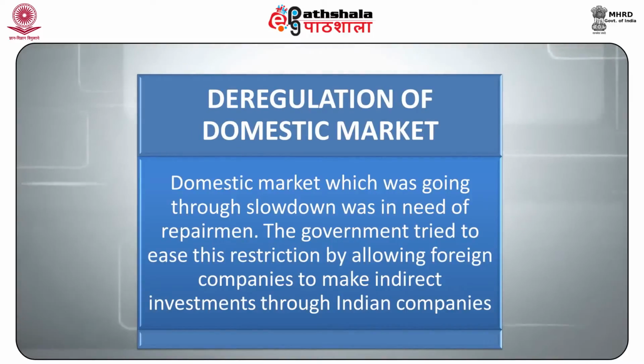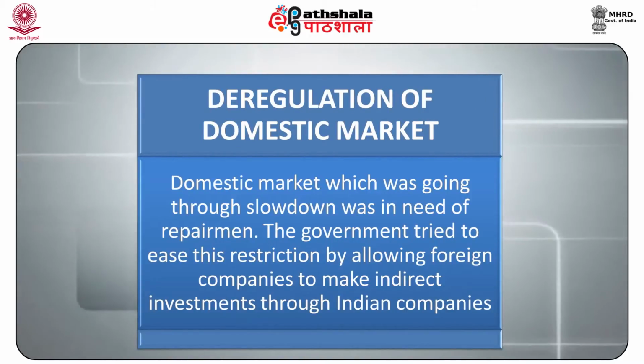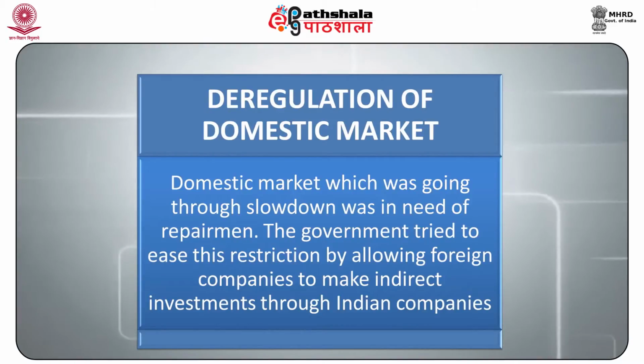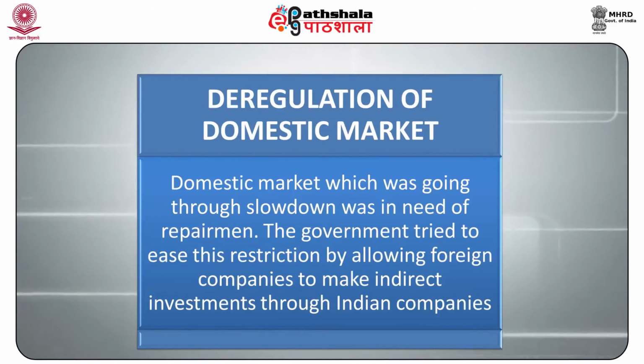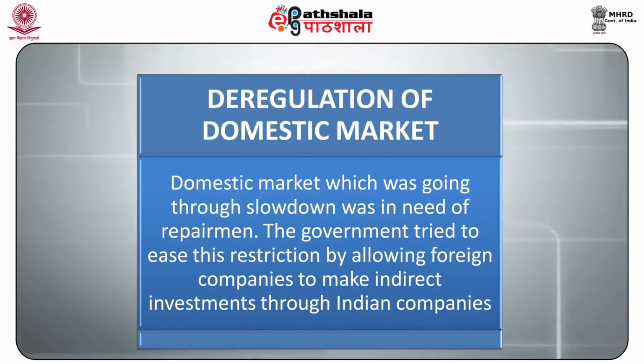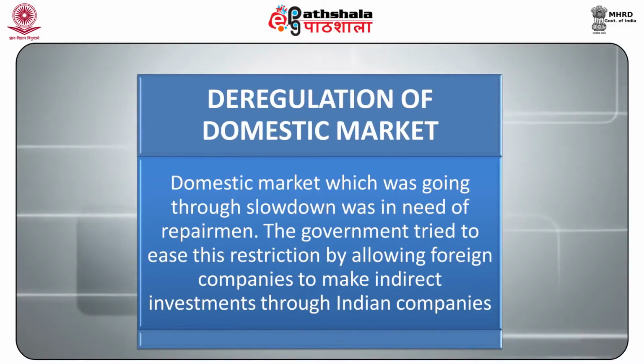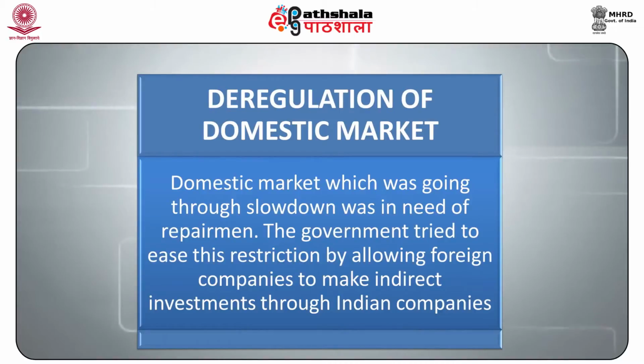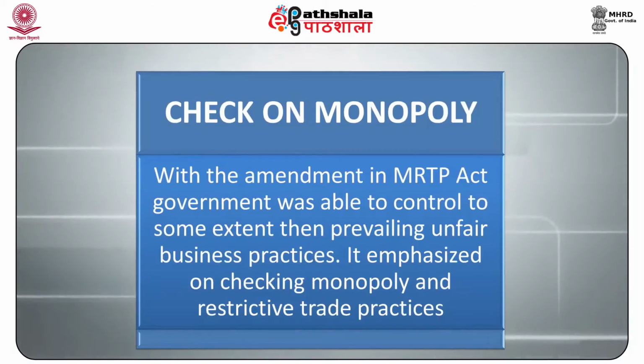At this juncture, there was a deregulation of the domestic markets and domestic industry. The domestic markets, which were going through a slowdown at the beginning of the 90s, faced a situation where the governments tried to ease the restrictions by allowing foreign companies to make direct investment through Indian companies.